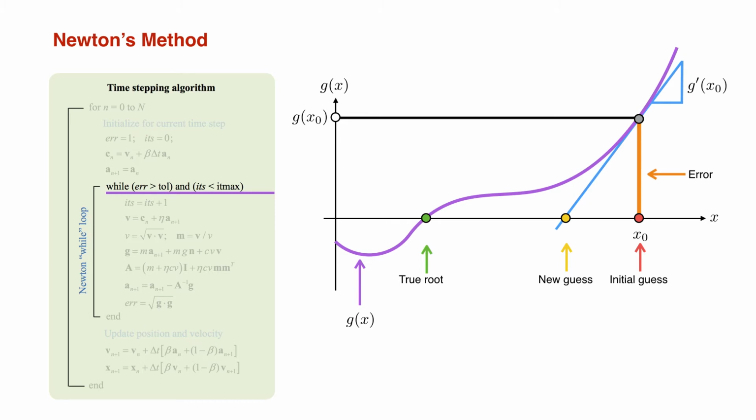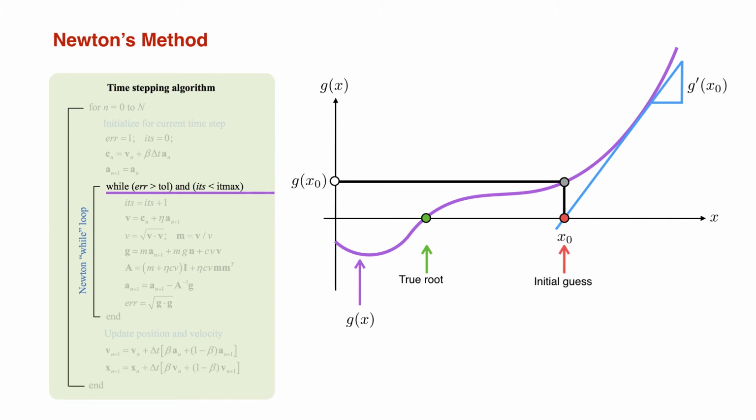We know that the error is the difference between g of x naught and 0, since we want g of x naught to be 0. So we can approximate the 0 by linearizing the function at that point. And we have a new guess, basically. And we can repeat the process. And we can see here that the error decreases by half after just one iteration.